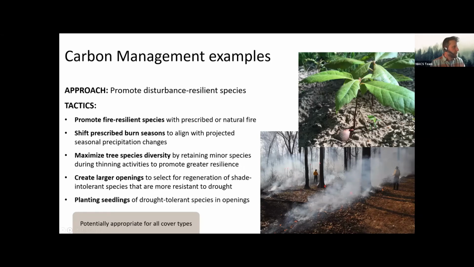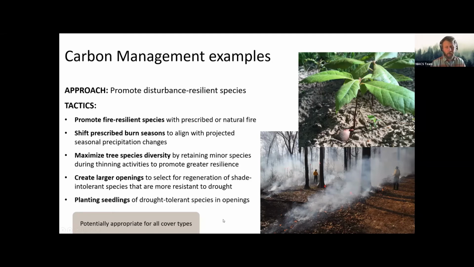There's a lot of ways to promote disturbance resilient species, using prescribed fire, and there are ways that we can be thinking about how do we shift our burn seasons, depending upon when's a good time, earlier onset of springs, or thinking about opportunities for doing fall burns, those sorts of things.